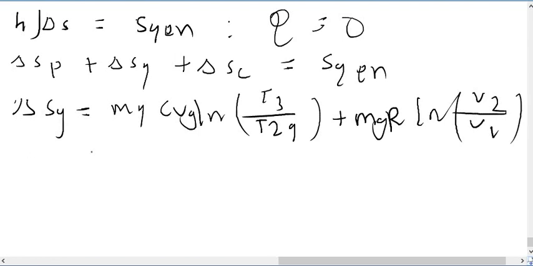So by substitution we get 4.67 joule per Kelvin.